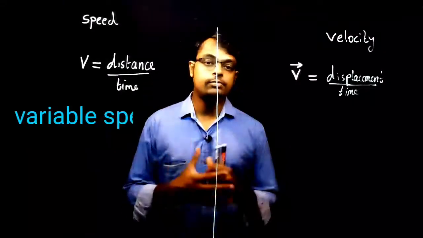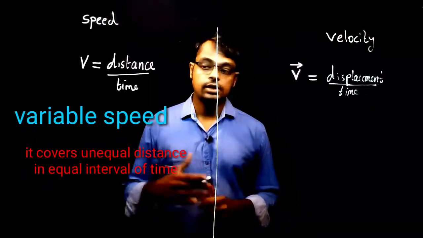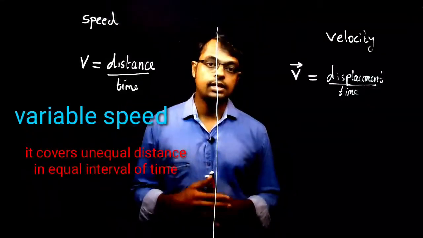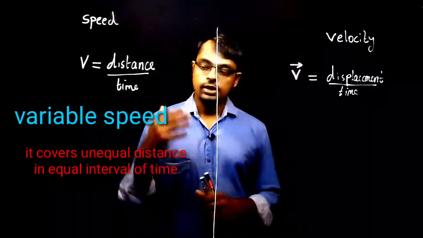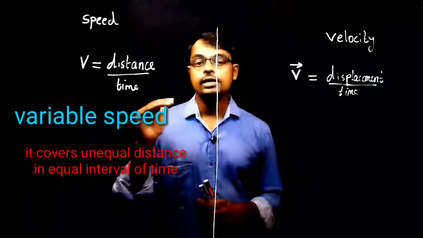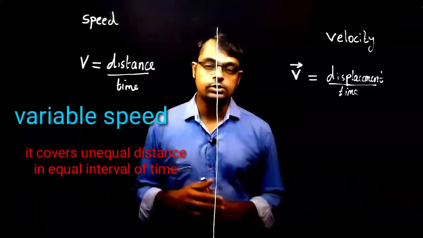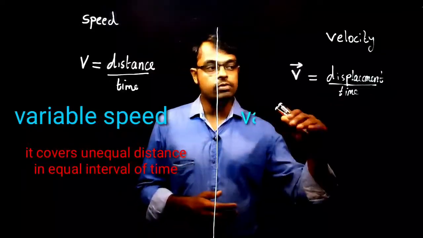Next one is variable speed. What is meant by variable speed? If a body covers equal distances in unequal intervals of time, or if a body covers unequal distances in equal intervals of time, this is called variable speed. What is meant by variable velocity?